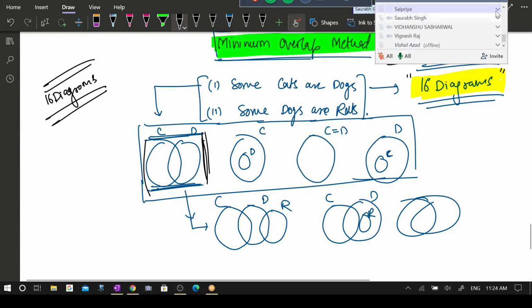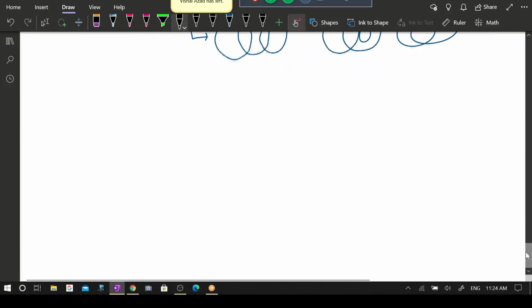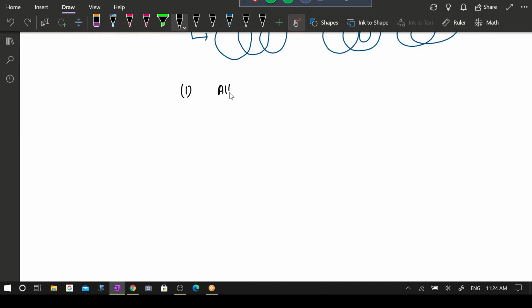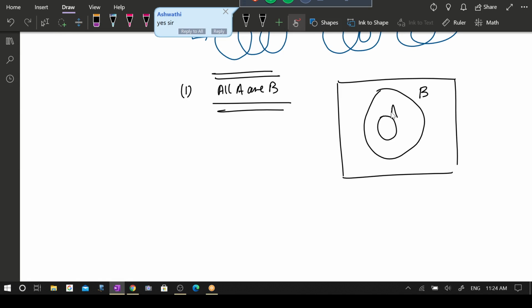So then, what is the minimum overlap method? Please pay attention. From today onwards, with the minimum overlap method, when I say all A are B, you only have to think of one diagram, though every possibility should be in your mind. All A are B would be one single diagram, not two diagrams.